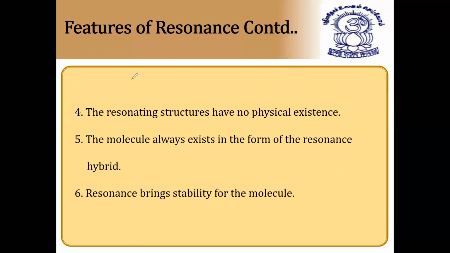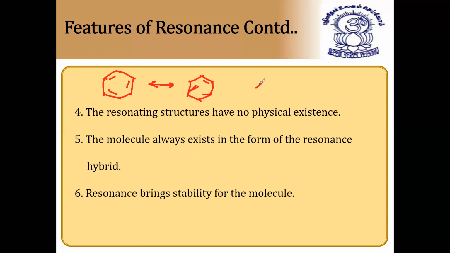For example, between benzene and toluene. Benzene, what is the formula? Benzene is C6H6. The structure of benzene has alternate double bonds. We can represent benzene by shifting the alternate double bonds like this. This is also similar, so it has two resonating structures.